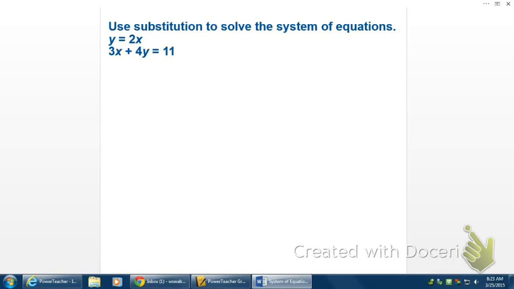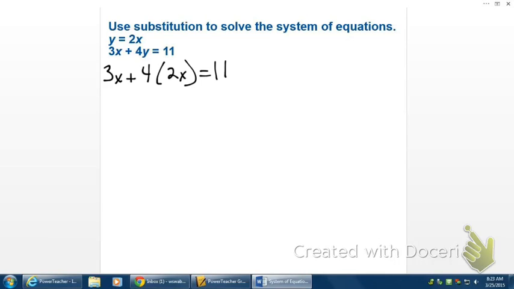Your first step would be to substitute that 2x, plug that 2x in for y right here, because it's y equals. So now I'm going to have 3x plus 4 times 2x equals 11. That's the first step.